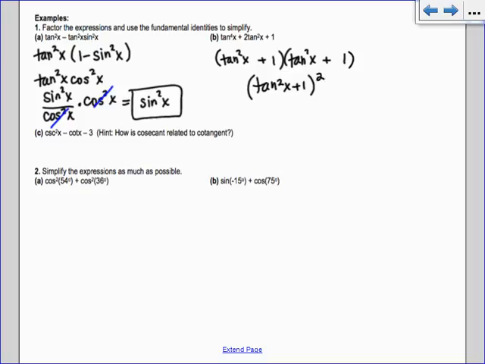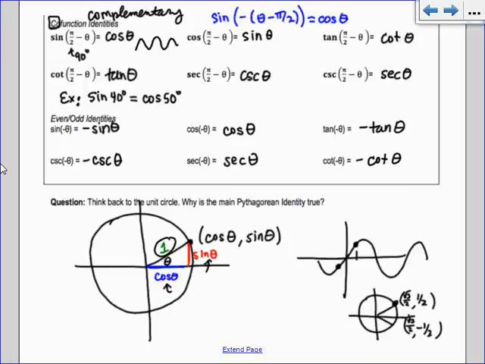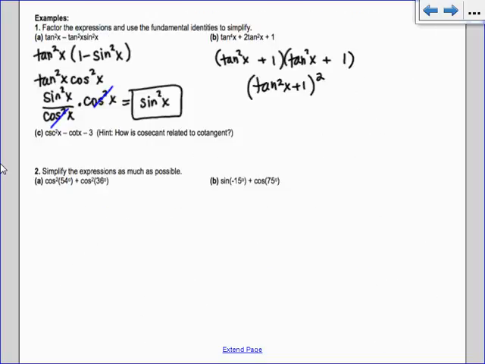Well, this is another thing. If there's something that's being squared and there's a 1 in your problem, you're most likely using the Pythagorean identities. So you can go back and look: tangent squared theta plus 1 is secant squared theta. If you need to, write them off to the side and say, okay, I know sine squared theta plus cosine squared theta equals 1. I want tangent somewhere, so I'm going to divide everything through by cosine squared.